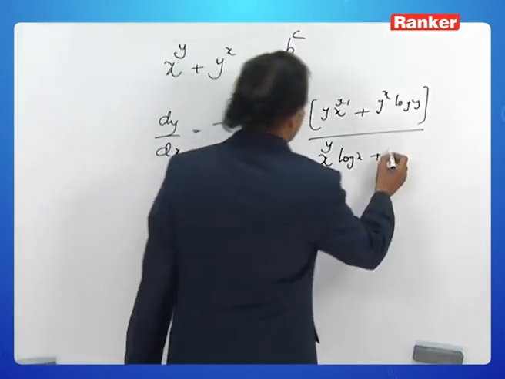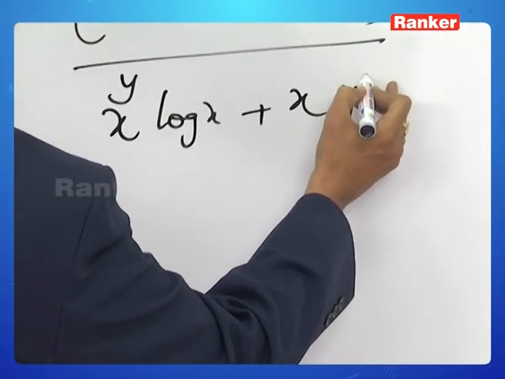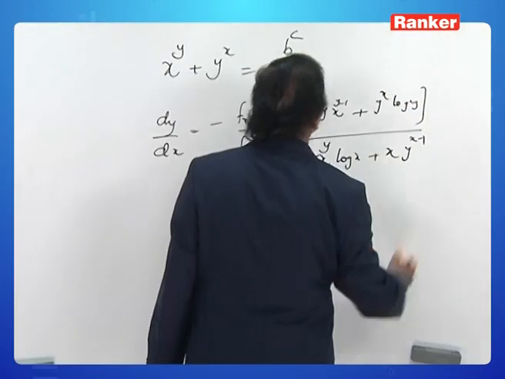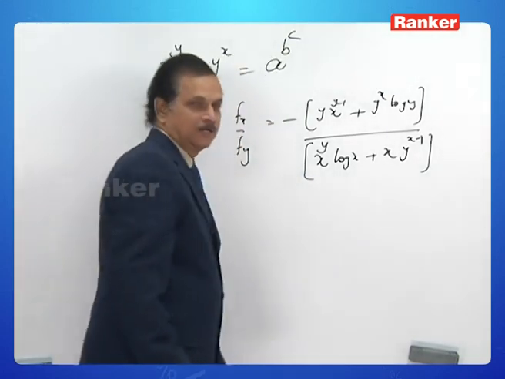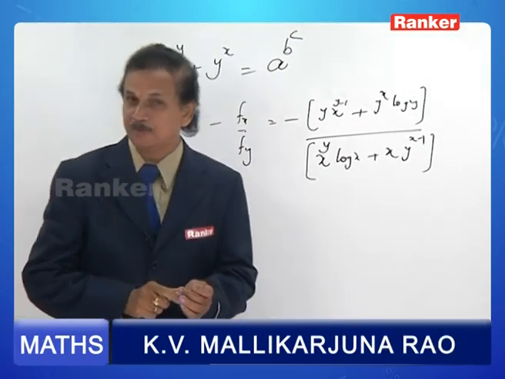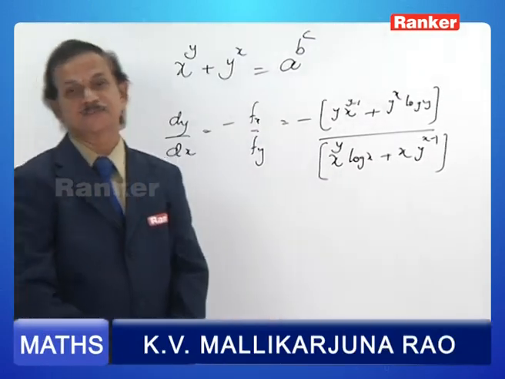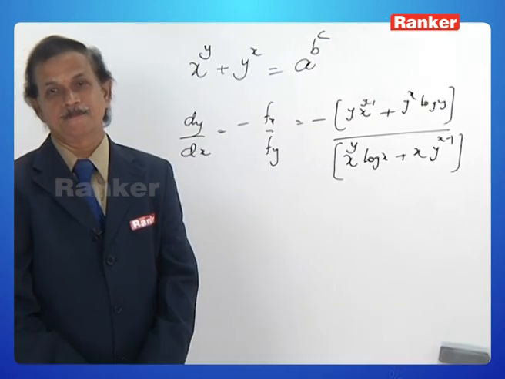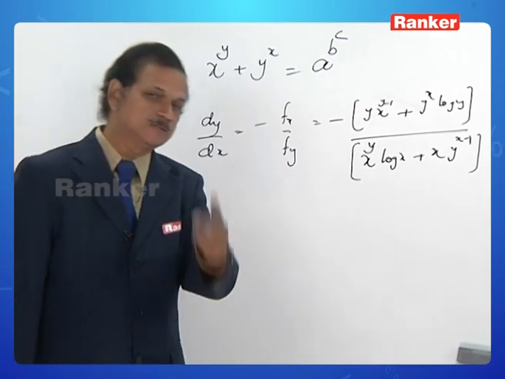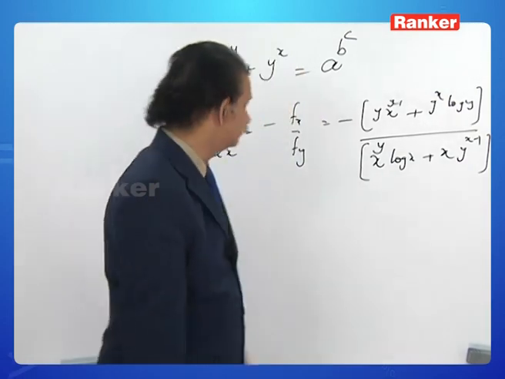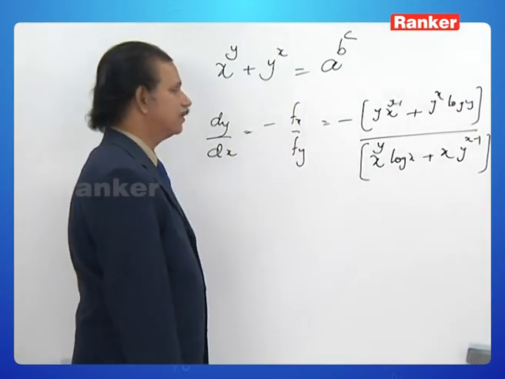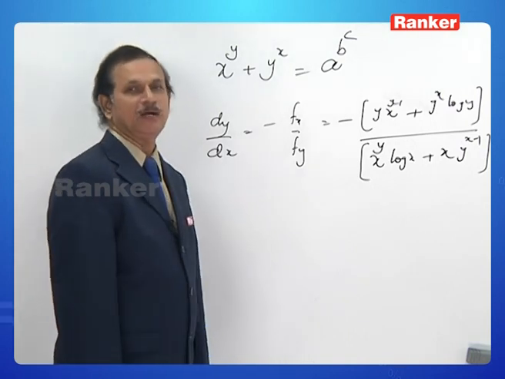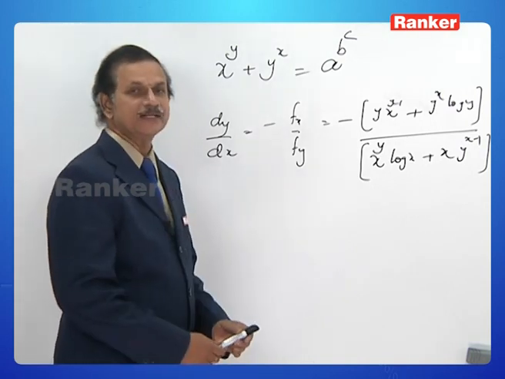K into y power k minus 1, that is x into y power x minus 1. You look at that, how simple it is. It is made simple simply because of this format: minus dou f by dou x by dou f by dou y. Like that, we can simplify.